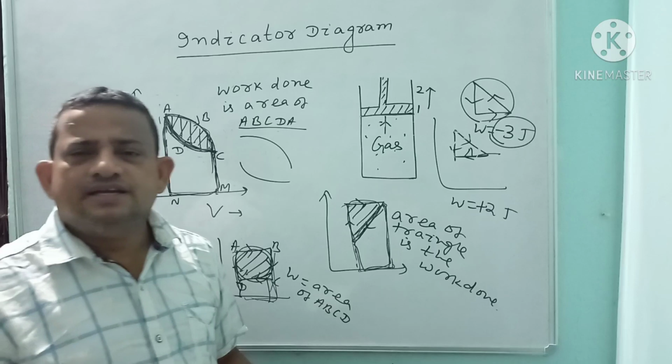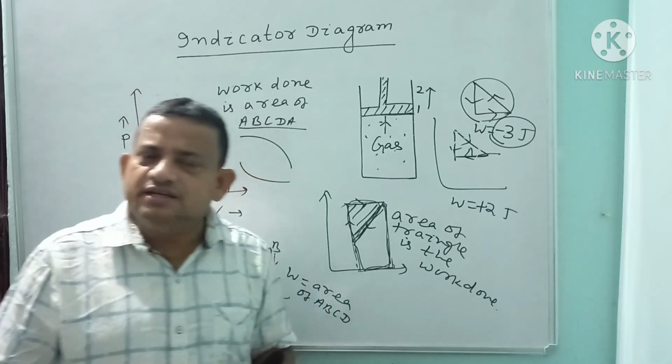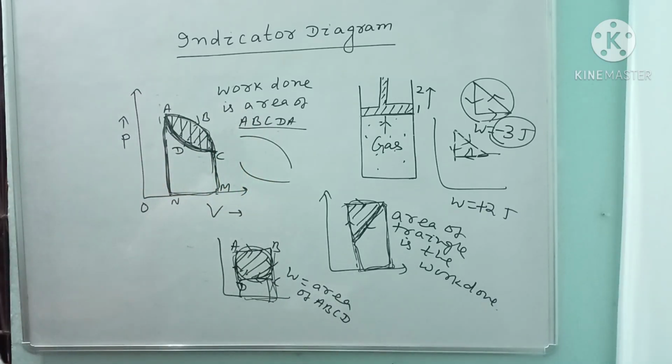Only you remember, if it is the clockwise direction, then the plus sign will be there, otherwise the minus or negative sign. So students, this is your work done during a cyclic process.